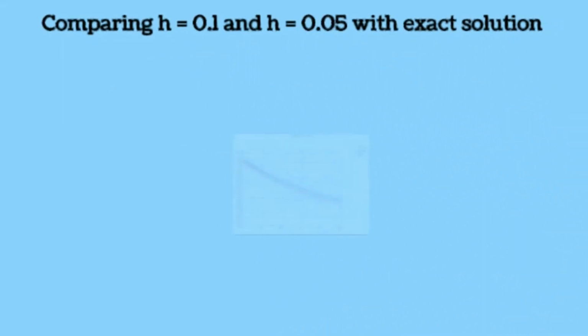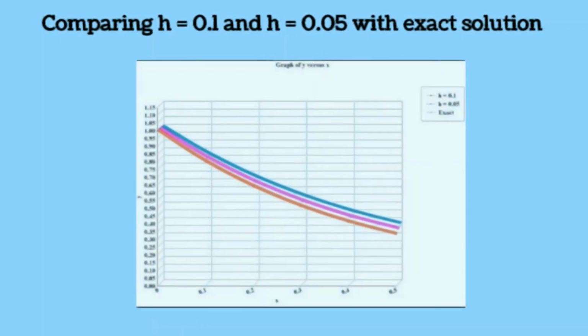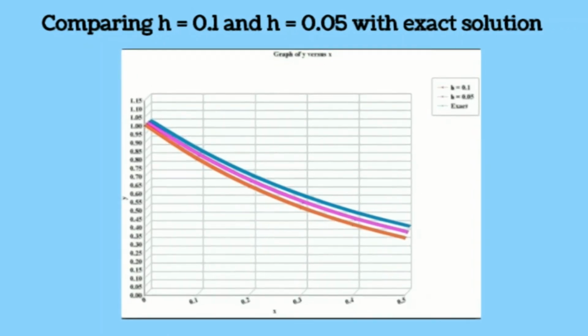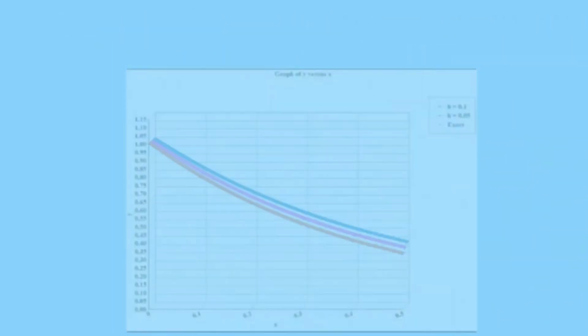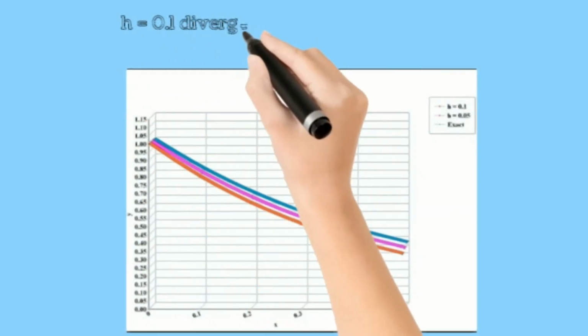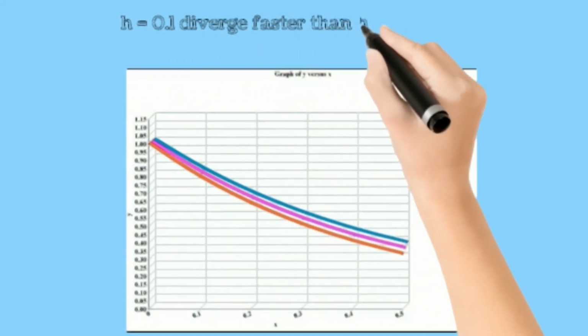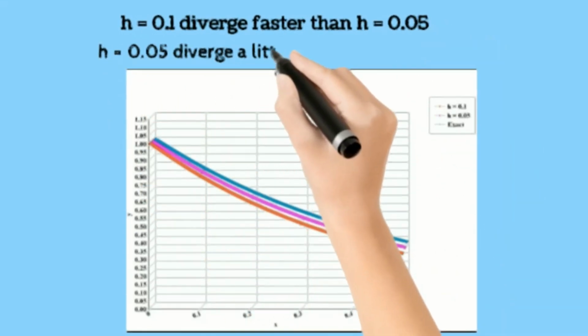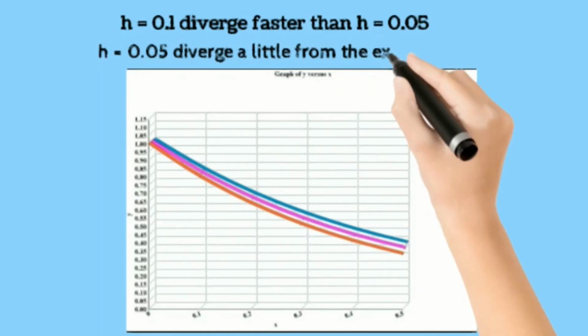So, here is the graph to compare the values between h equals 0.1 and h equals 0.05 with the exact solution. As we can see, the graph for h equals 0.1 diverges faster than h equals 0.05. The values for h equals 0.05 diverge only a little from the exact solution.